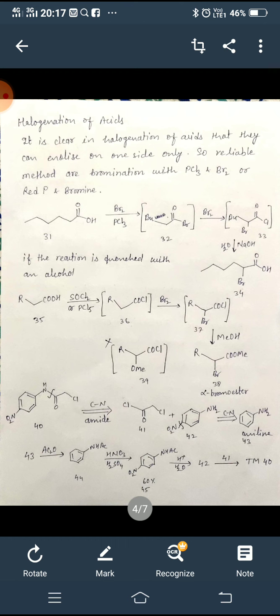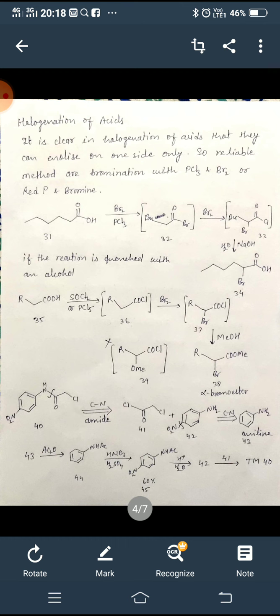If the reaction is quenched with alcohol, only the acyl halides react, and this is the simple way to make the alpha-bromo ester. Then alpha-chloro acids, these are the alpha-chloro acid number 40.